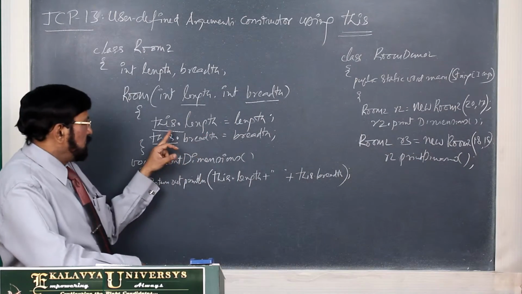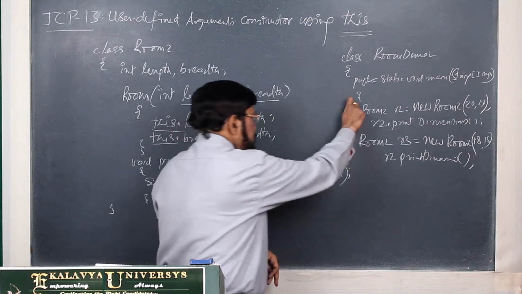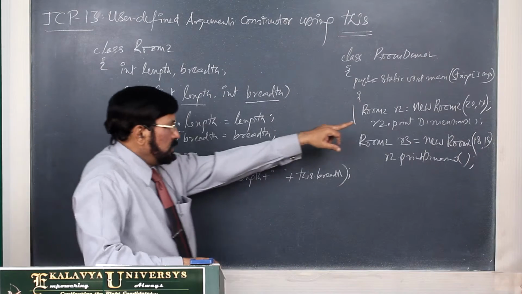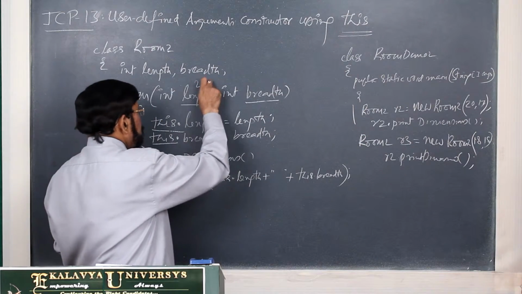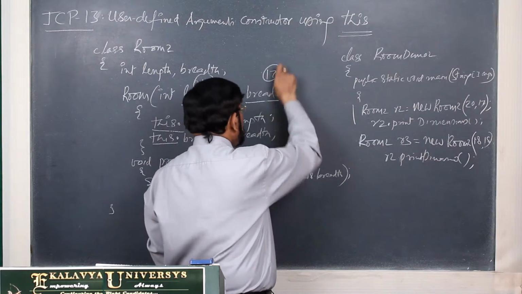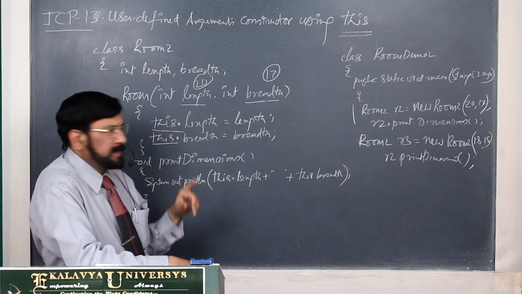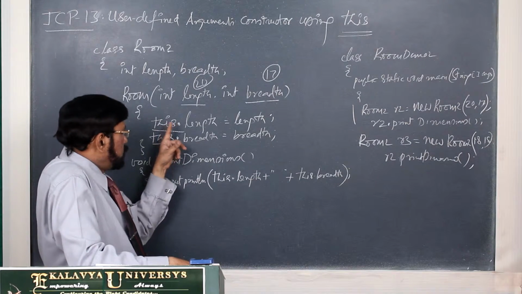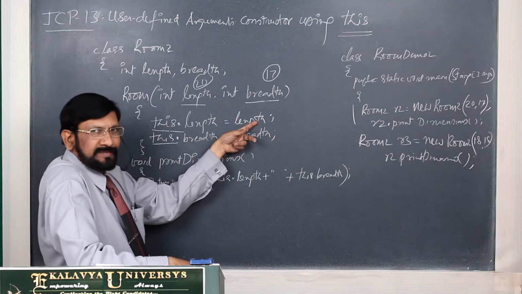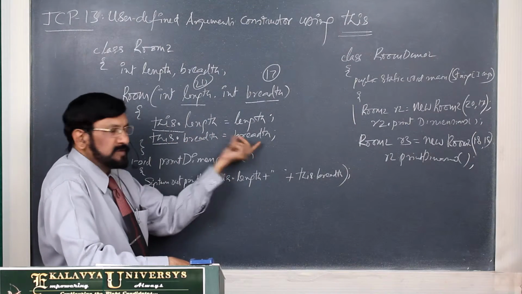Now the code is quite readable, you see. In the first case, 20 is passed to length and 17 is passed to breadth. Then what is the meaning? R2 dot length is equal to length, R2's breadth is equal to breadth.